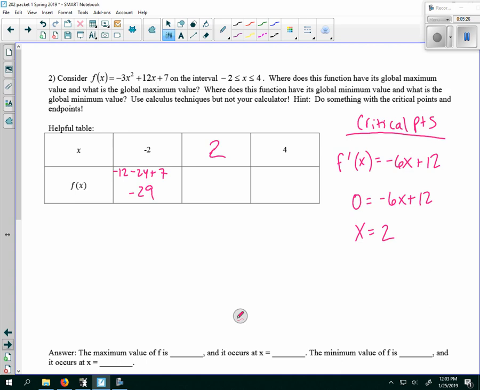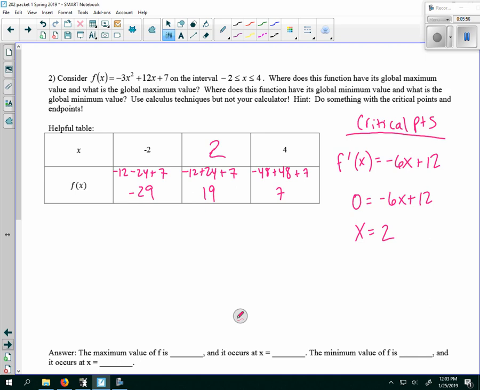When I plug in a 2, I get negative 12 plus 24 plus 7. So negative 12 plus 24 is 12, plus 7 is 19. And when I plug in a 4, let's see, 4 squared is 16 times 3 is negative 48. And 12 times 4 is positive 48 plus 7, so I get 7.